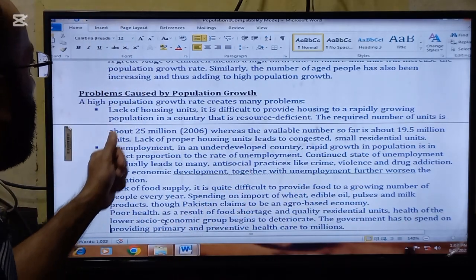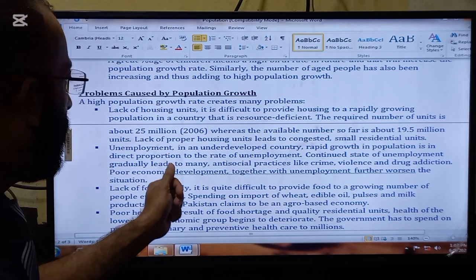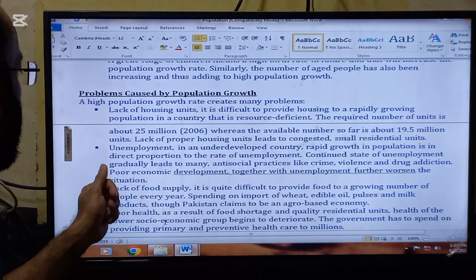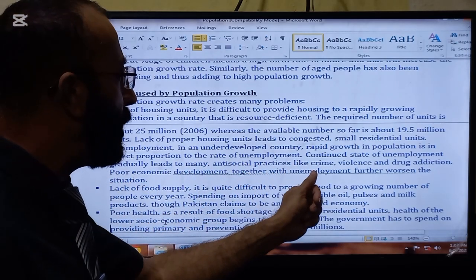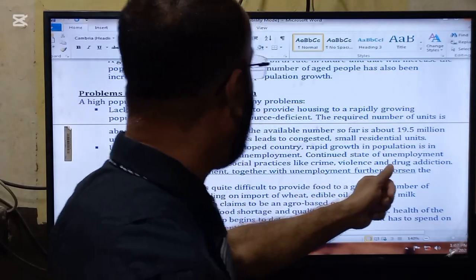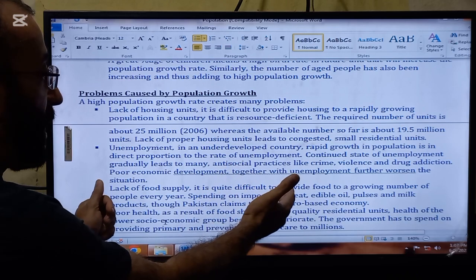Another problem of high population growth rate is unemployment. In an underdeveloped country, rapid growth in population is in direct proportion to the rate of unemployment. A continued state of unemployment gradually leads to many antisocial practices.